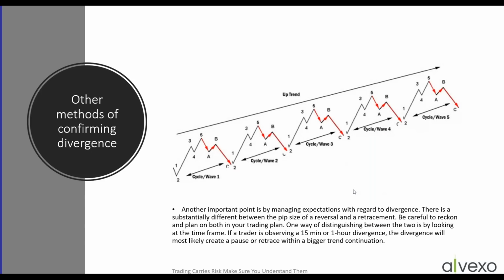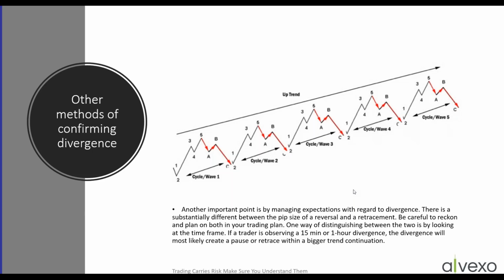Another important point is managing expectations with regards to divergence. There is a substantial difference between the pip size of a reversal and a retracement. Be careful to reckon and plan on both in your trading. One way of distinguishing between the two is by looking at time frame.